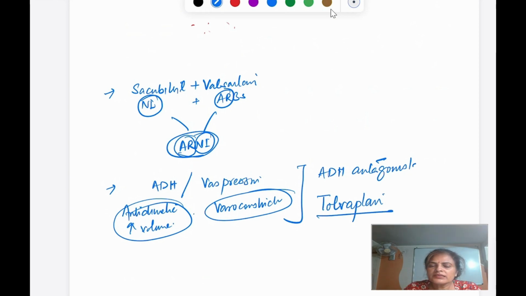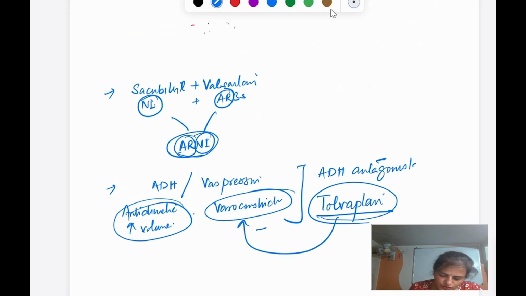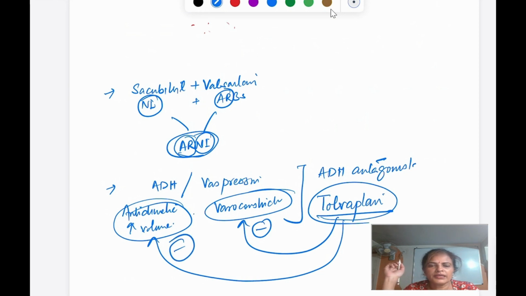Tolvaptan is a vasopressin antagonist. So what will this do? It has totally opposite effects. Vasoconstriction is negative and antidiuretic effect is also negative. So it is going to inhibit the vasoconstrictor effect, and it is going to inhibit the antidiuretic effect. So that's all in the drugs for congestive heart failure.